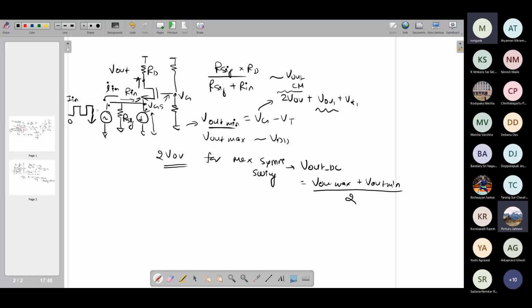So in that case, what is the situation? The current is going to be basically just reducing the output voltage. It will never increase the output voltage, right? So if it is always sinking, as compared to the DC bias point at the output, the voltage will go down. And when the signal is 0, there is no signal, it will be at the DC point.